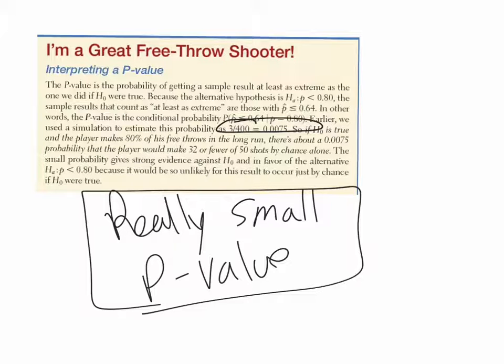Then we calculate the probability of the 64% happening, and it happens to be very low. So since it's so unlikely that you would shoot 64% if you were really an 80% shooter, maybe our alternative hypothesis may be correct. Okay, all right, let's move on.